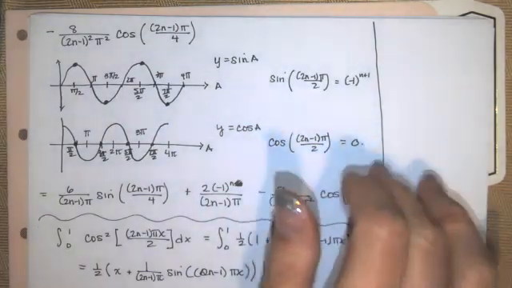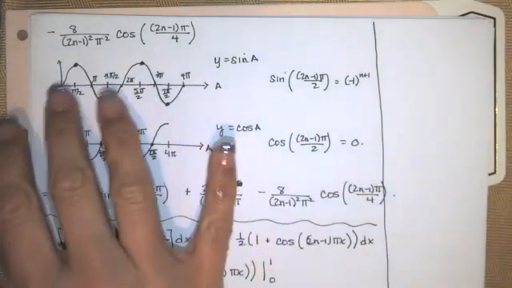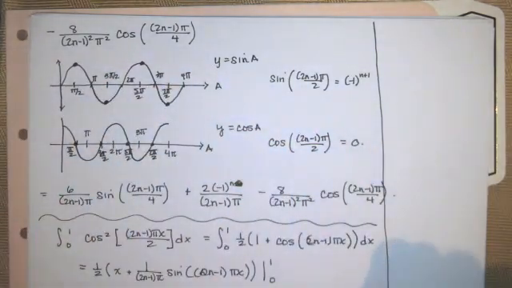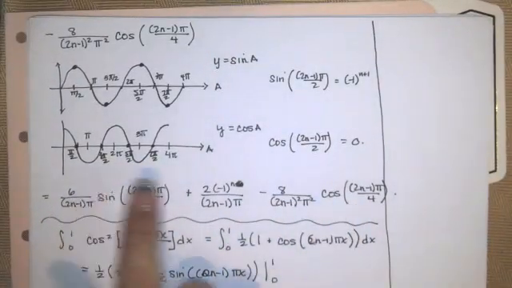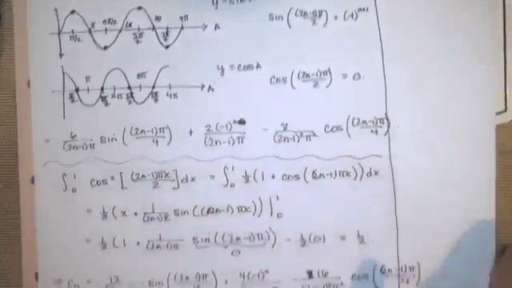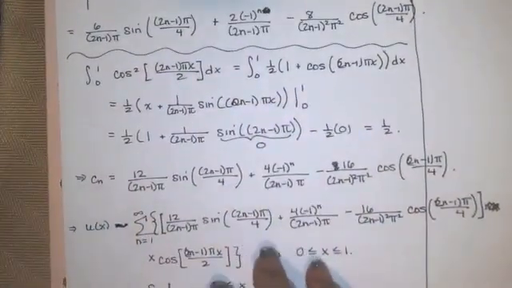Cosine of odd multiples of pi over 2 gives us 0. Sine of multiples of pi will be 0 every time. We used all of that to our advantage here to simplify this expression. We still ended up with 3 terms, this plus this plus this. And then we have this over here.